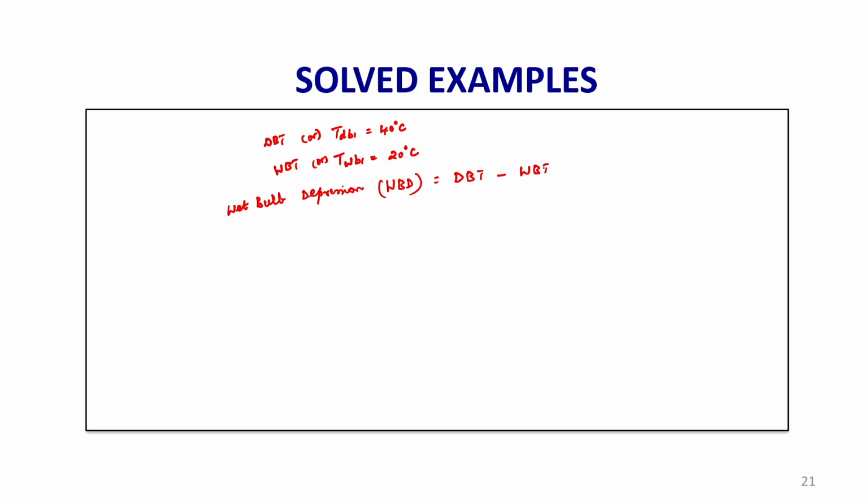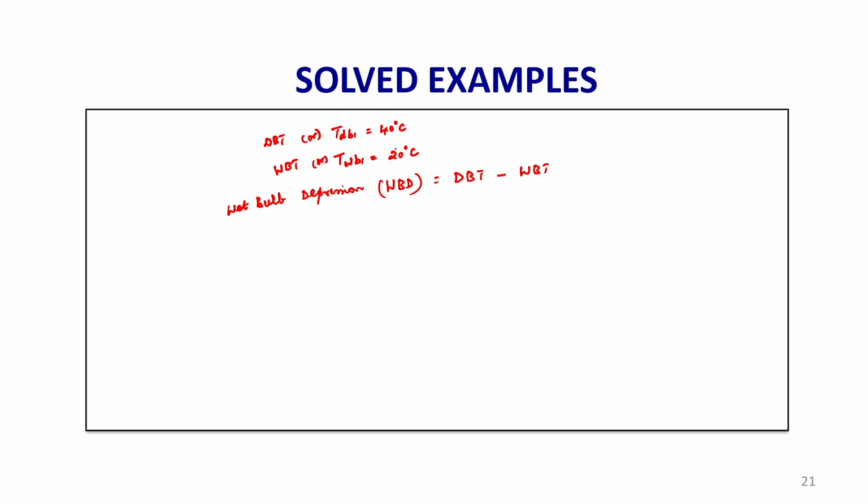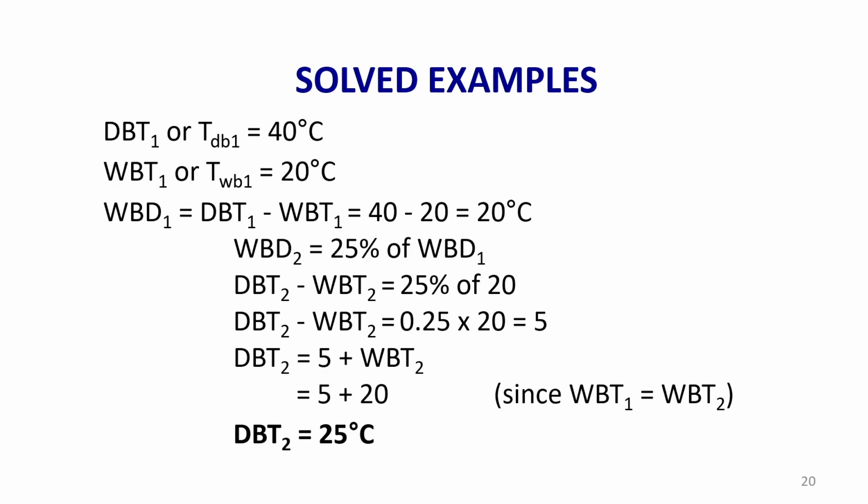Because dry bulb temperature cannot be less than wet bulb temperature, the first term should be the dry bulb temperature minus the wet bulb temperature. Here both are given, so in this case it is 40 minus 20, 20 degrees centigrade wet bulb depression. So that's what I have found here.